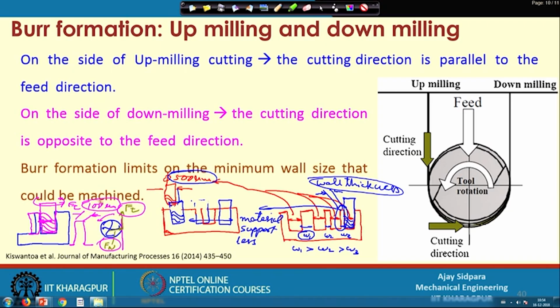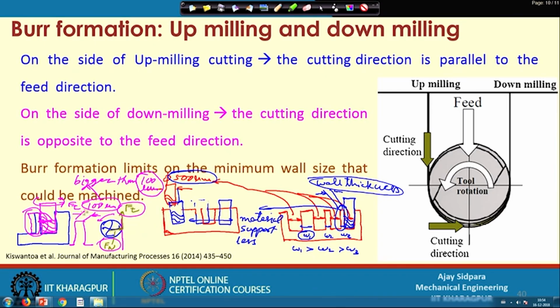It will be a little bit bigger than this one, bigger than 100 micron, because it will bend. So, some extra material will remain here and you are not able to cut this material very easily. So, bending is the one problem, and because of this bending you are not able to get this particular 100 micron thickness of the wall, and you will get something else which is not what you required.